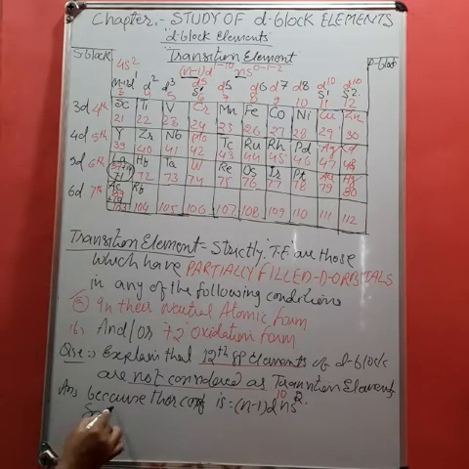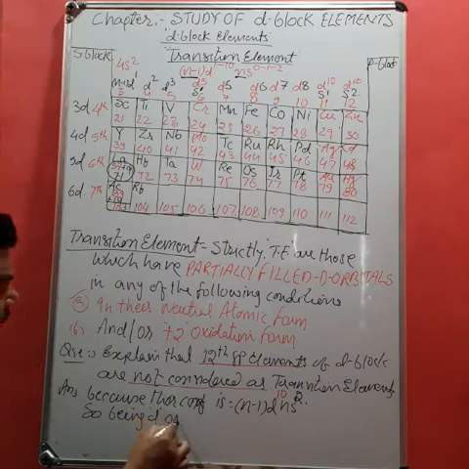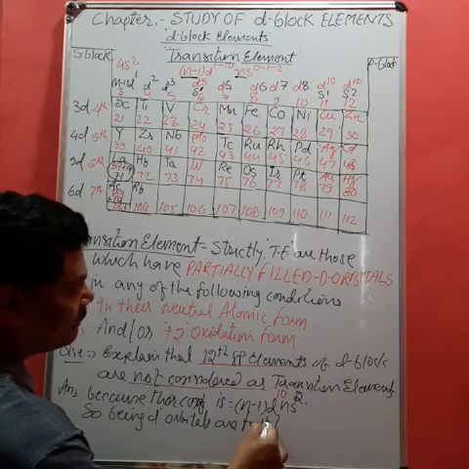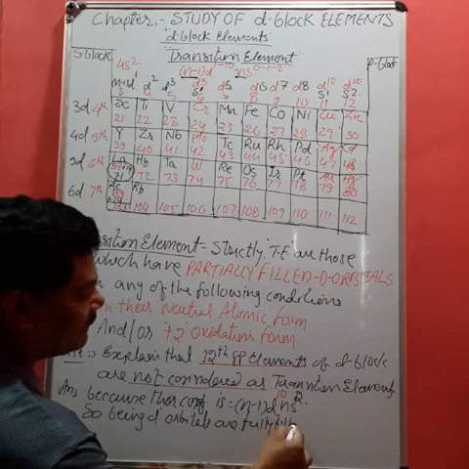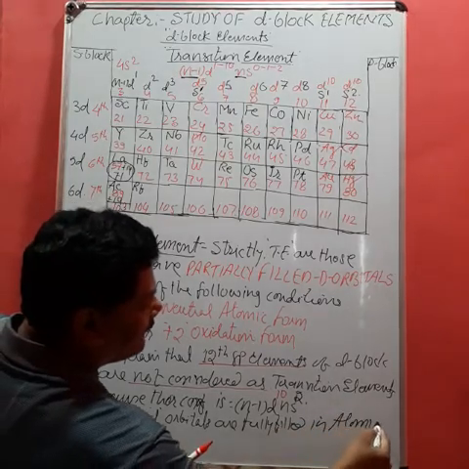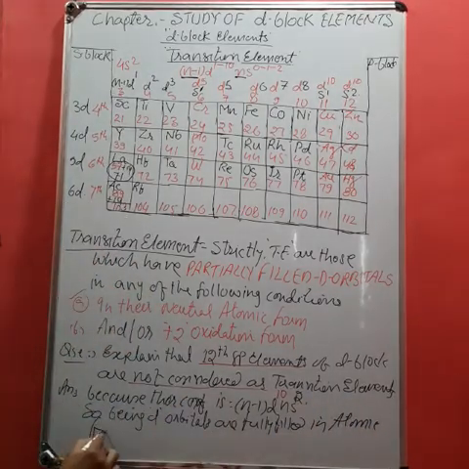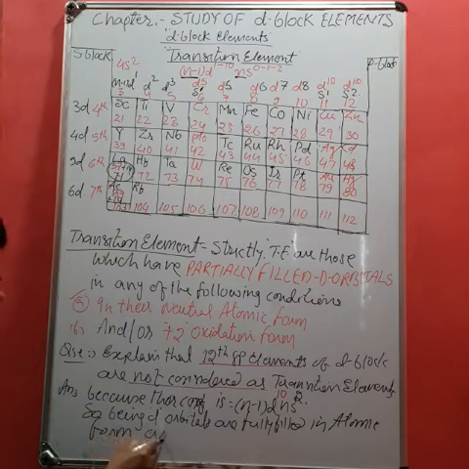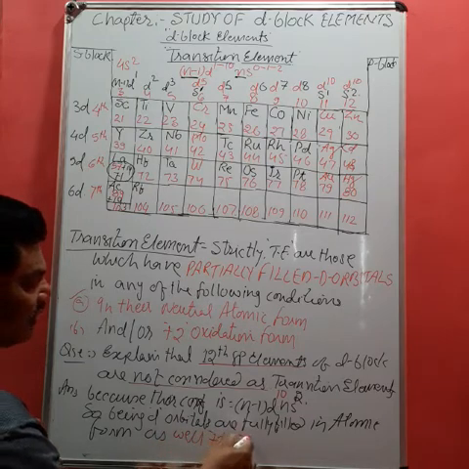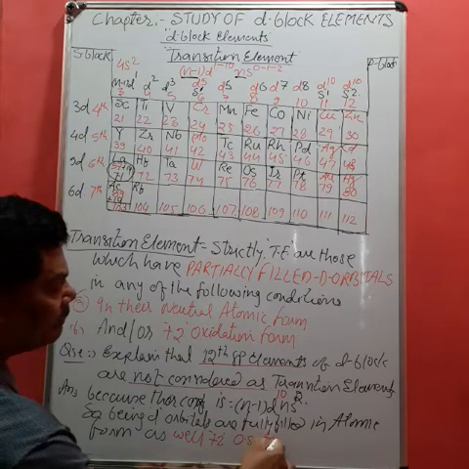So being d orbitals are fully filled in atomic form as well as in plus 2 oxidation state form.